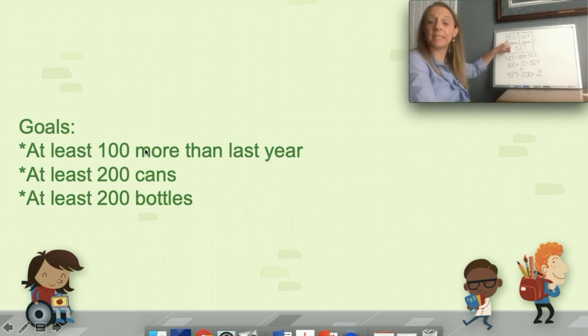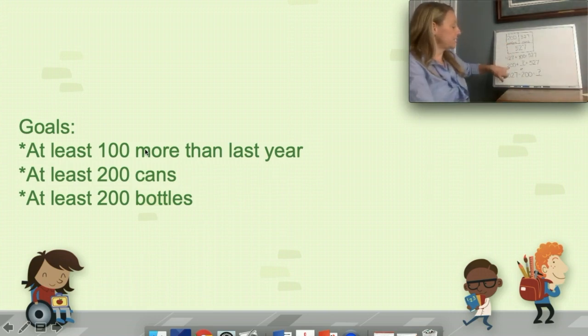So I just went ahead and did 200 bottles because I had to have at least that many. So I did 200 bottles plus how many cans would equal 527, because I know 527 is my total. Or I could have done 527 minus my 200 bottles.